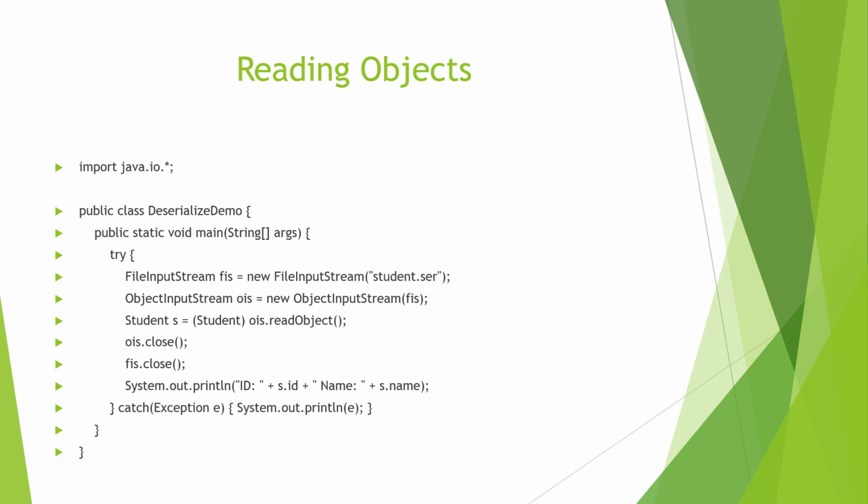Then they are taking Student s, which is equal to OIS.readObject, that is whatever the Java object has been stored in the student variable, it's being read over here with the help of the readObject method. After that, it is closing the ObjectInputStream and FileInputStream.